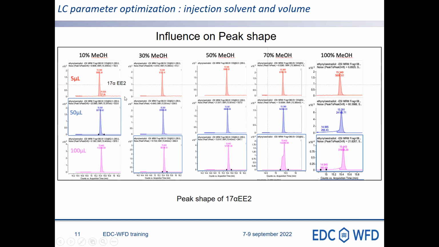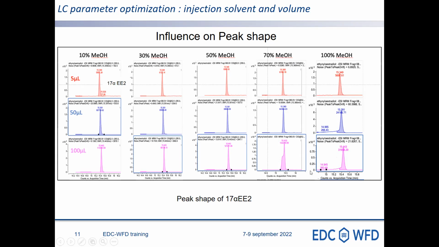Thank you. So here you have the influence of the injection solvent, and you see that depending on the condition of injection, you will have a tremendous impact on the resolution and the peak shape.